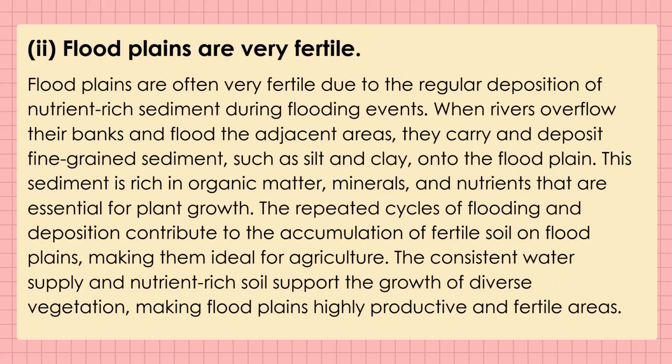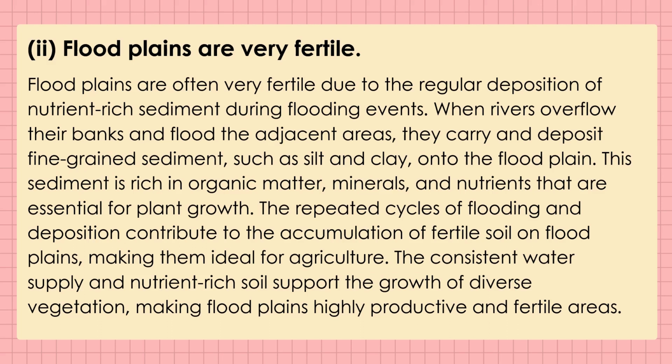Explain the reason why floodplains are very fertile. Floodplains are often very fertile due to the regular deposition of nutrient-rich sediment during flooding events. When rivers overflow their banks and flood the adjacent areas, they carry and deposit fine-grained sediment such as silt and clay onto the floodplain.